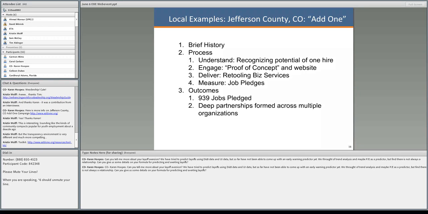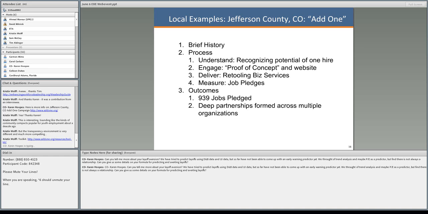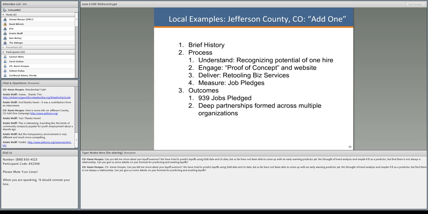Now they do their measurements a little bit differently. At this point, what they're looking to do, like I said, is count the number of jobs that have been promised. So their goal is to get 2,000 jobs pledged, I believe, by the end of this year.